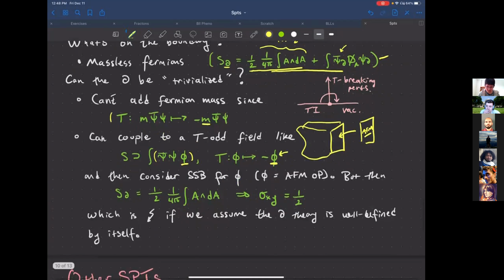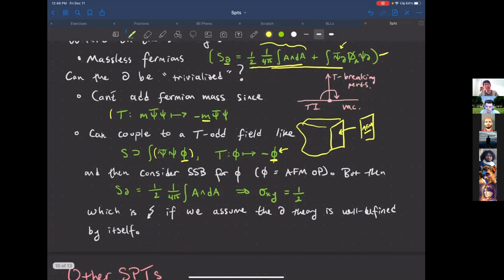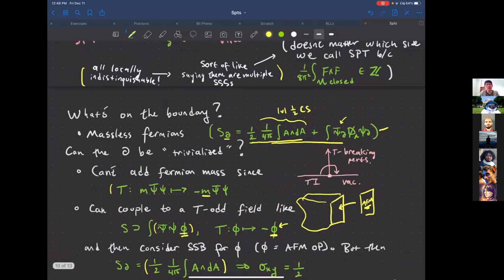And if I consider some phase where this antiferromagnet is in the spontaneously symmetry broken phase, then this phi behaves as a constant, and the psi fields are massive by virtue of coupling to this field. And then what I'm left over with is this thing that I wrote down above, this half Chern-Simons thing.